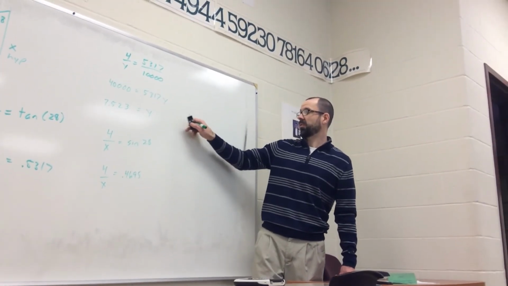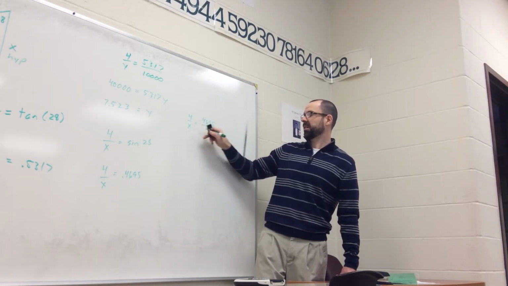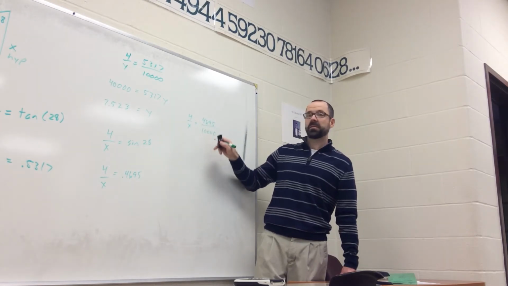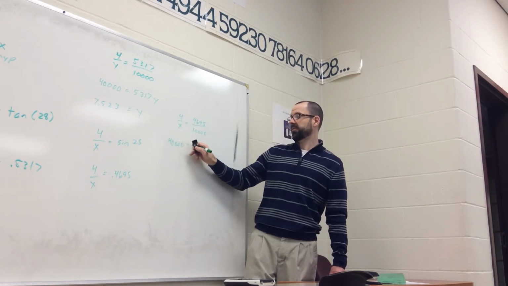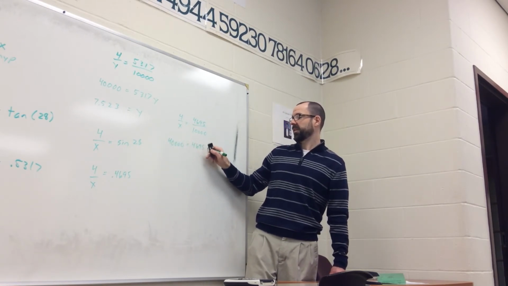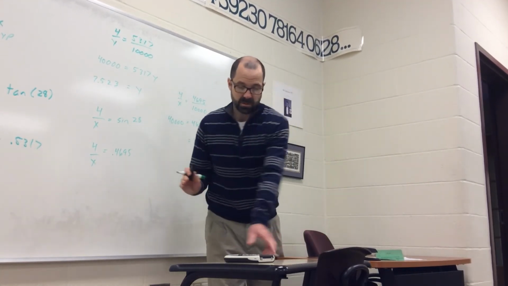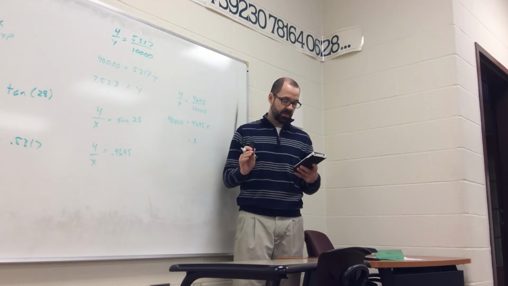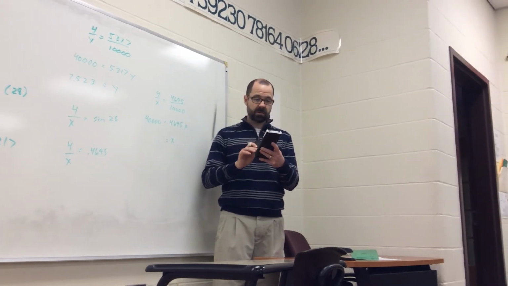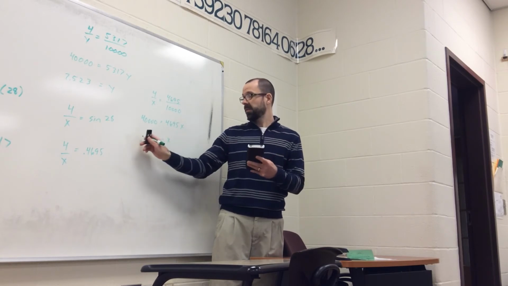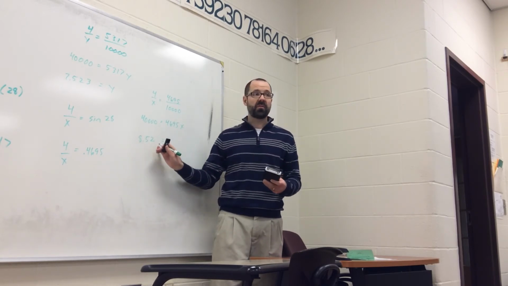So then 4 over x equals 4695 over 10,000. Then do cross products. 40,000 equals 4695x. That comes out to 8.52.